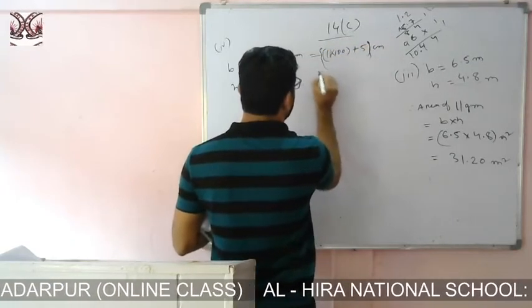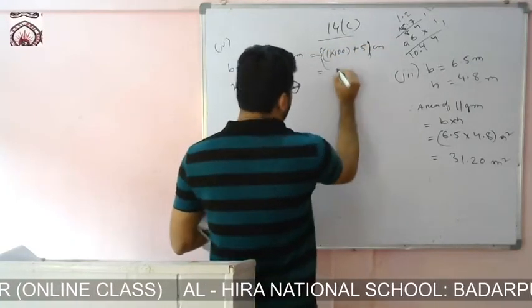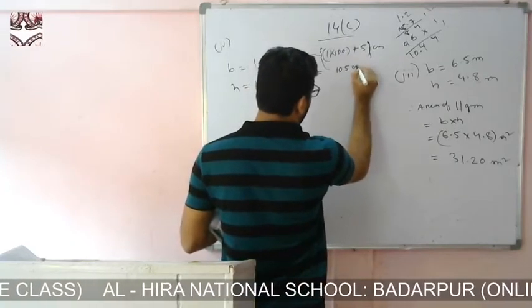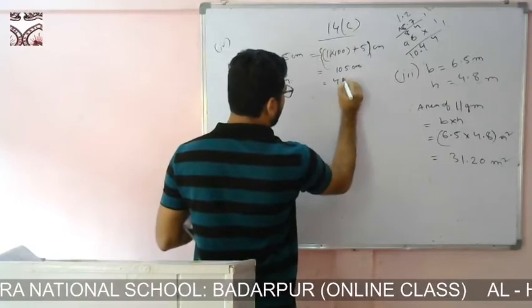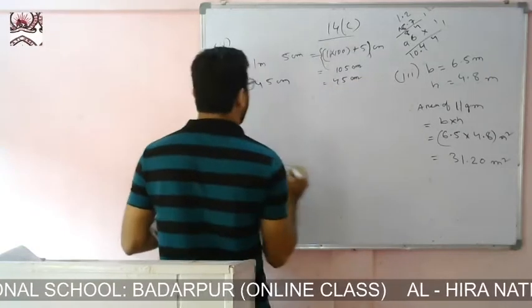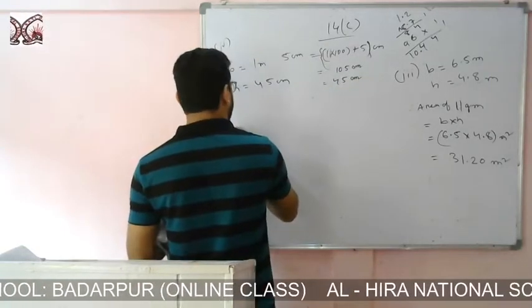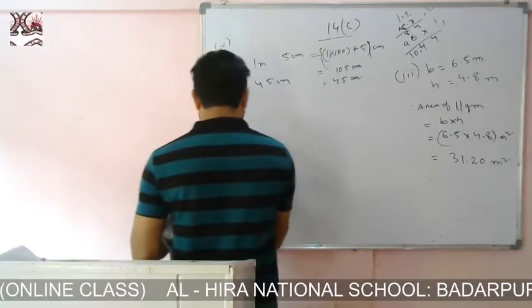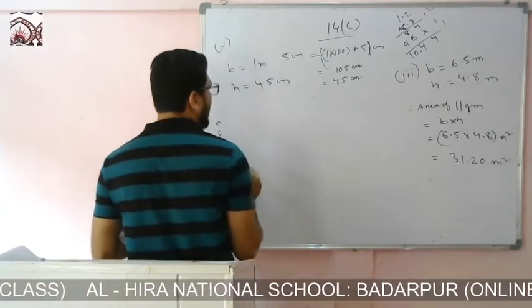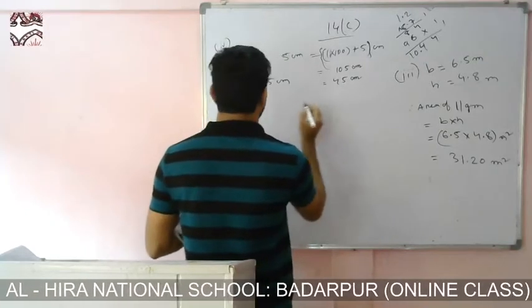It will become 105 centimeter. Here the height will be 45 centimeter. Meter to centimeter, 2 zeros.